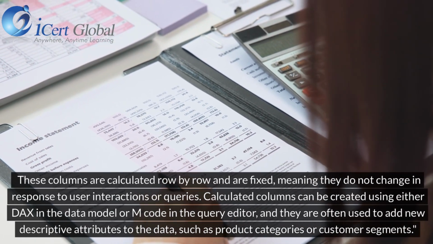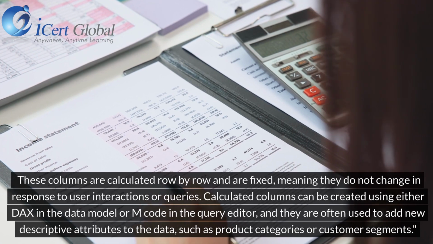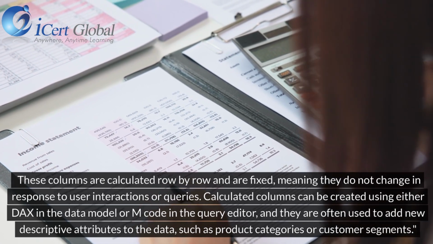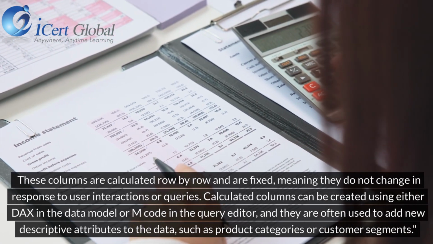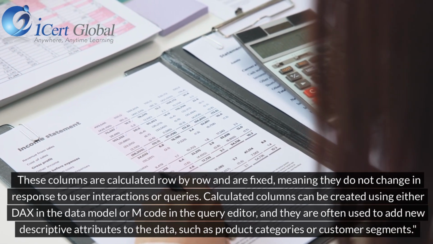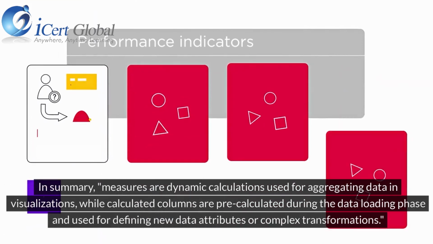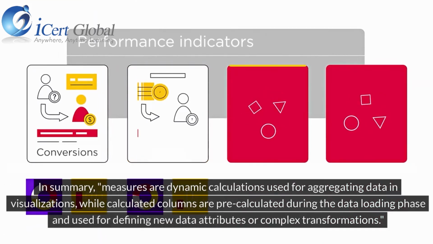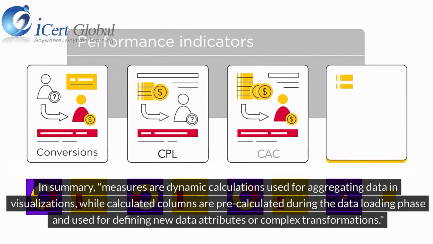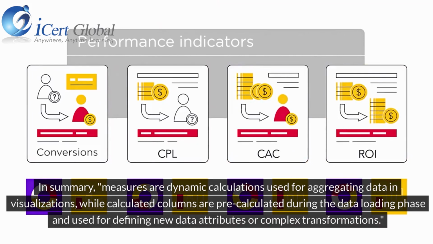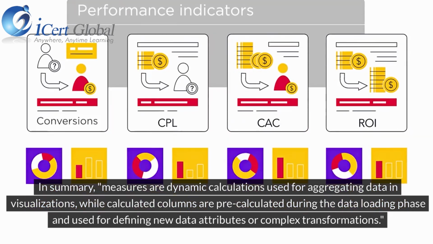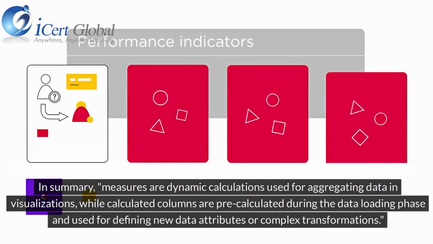Calculated columns can be created using either DAX in the data model or M-code in the query editor, and they are often used to add new descriptive attributes to the data, such as product categories or customer segments. In summary, measures are dynamic calculations used for aggregating data and visualizations, while calculated columns are pre-calculated during the data loading phase and used for defining new data attributes or complex transformations.